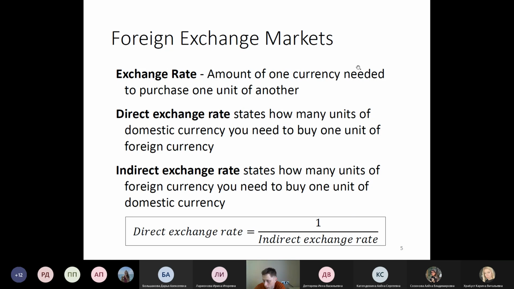What do we mean by exchange rate goes up or exchange rate goes down? Depending on whether we talk about direct or indirect notation, those would mean opposite things. It is more accurate to say one currency appreciated against another one, so then we avoid ambiguity.